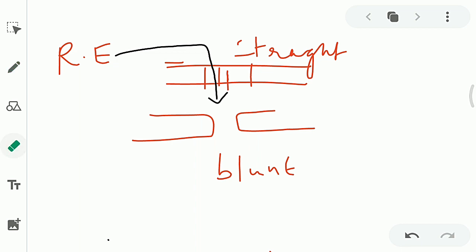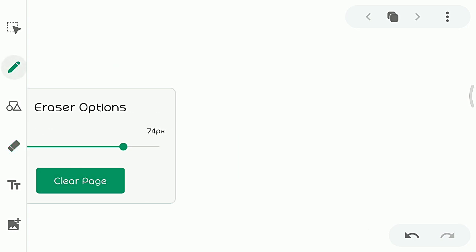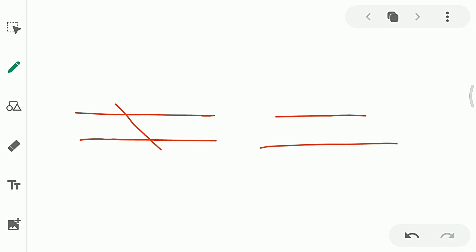The other way, a restriction enzyme sometimes makes a staggered cut. For example, a restriction enzyme makes a cut like this. Okay, this is a staggered cut, or we can also show it like this. And then it forms two ends, the ends will be like this.